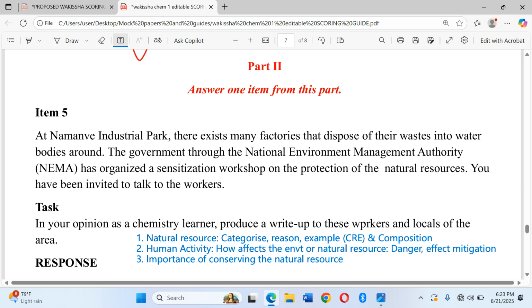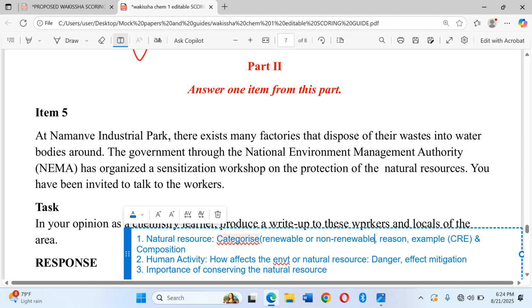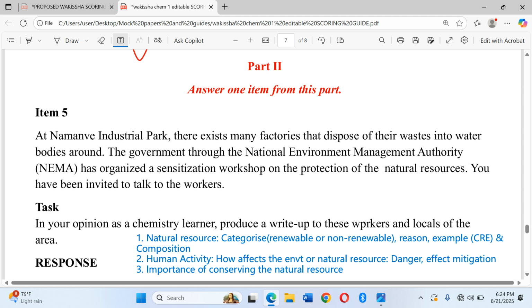When we read this scenario, we are going to identify the natural resource which is being affected. We see how we categorize. We say that a category of this is either renewable or non-renewable. I believe we know that. And then the reason, we give the fact.